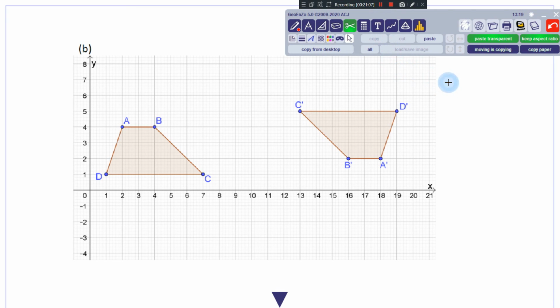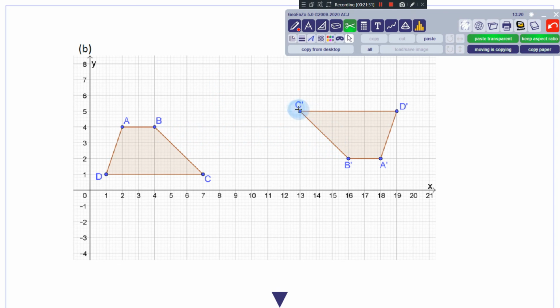Okay, so this is part B, same thing, this is an image of this. We want to describe this rotation. Always remember, if you are asked to describe a rotation, three things: angle, directions, and the center of rotation. Just now, how did we get the center of rotation? We use a composite, right?